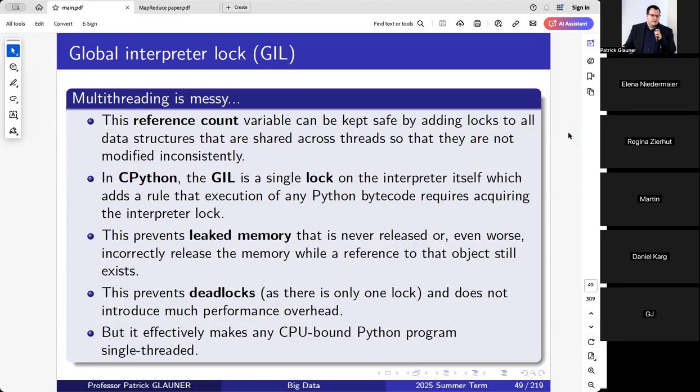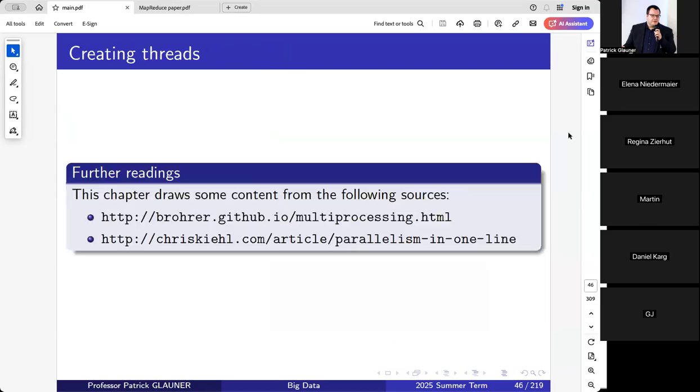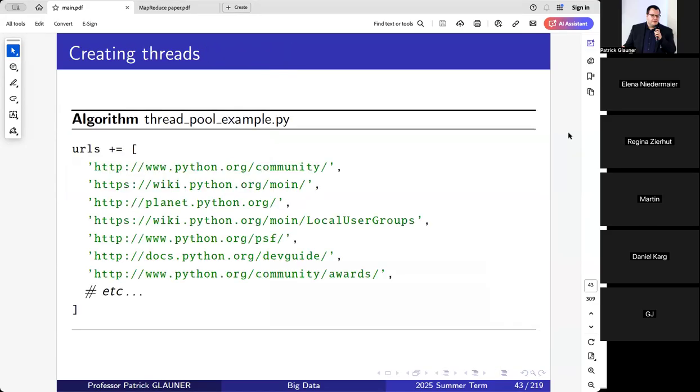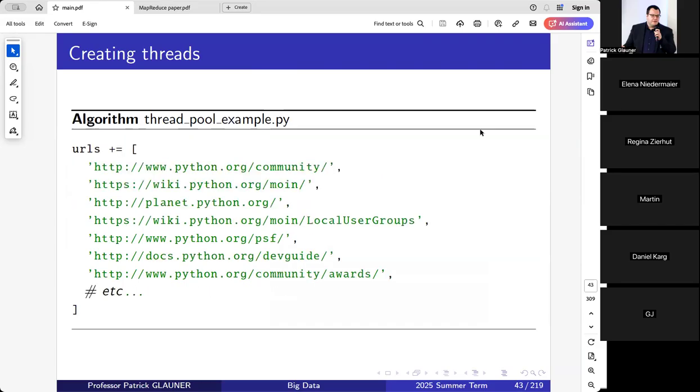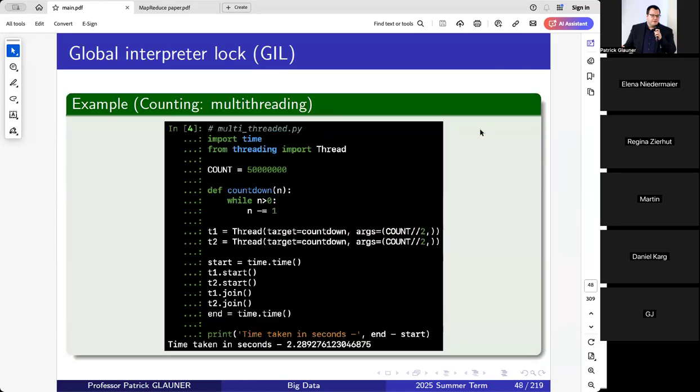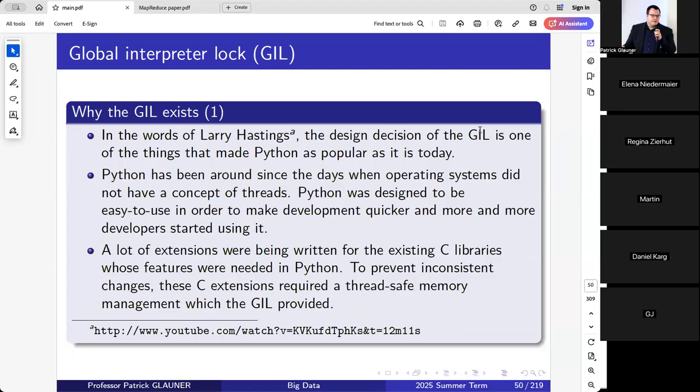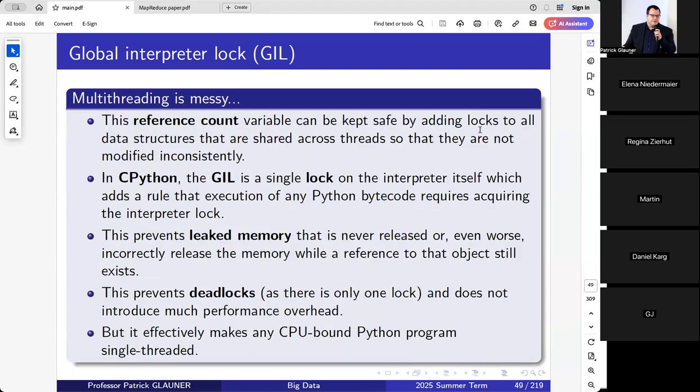Unfortunately, that does not allow us to use threads in parallel. So our thread pool from before, it actually doesn't use threads. It's from the multi-processing library, and you can take a look how it's implemented. Certainly not with threads, rather with processes, because the global interpreter lock does not allow threads in Python to run in parallel. That concerns the CPython implementation.